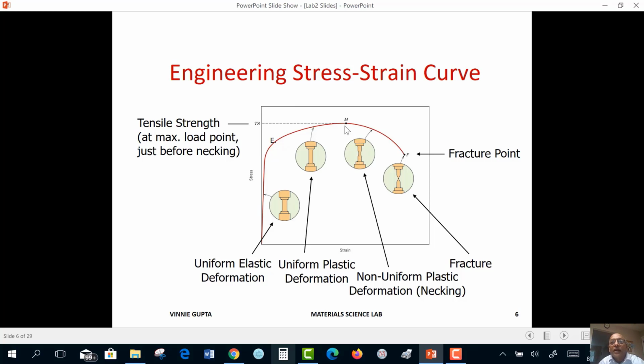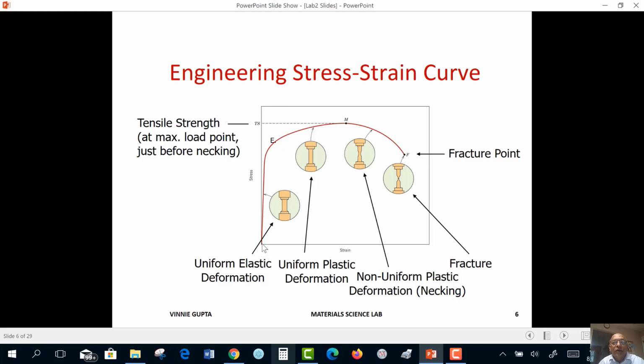So we don't require as large a load for continued elongation, and our load drops, but eventually the specimen splits in two. It fails. So we have fracture. Now from M to F, we call it non-uniform plastic deformation.